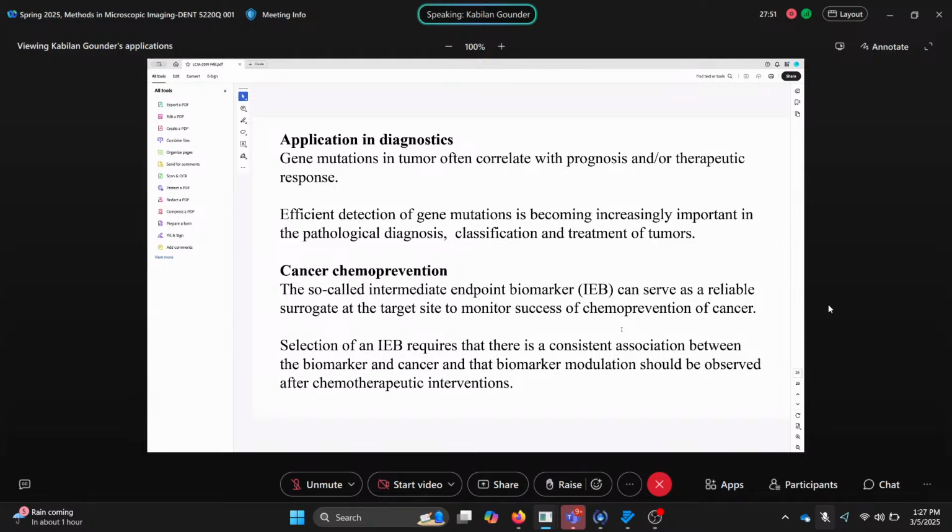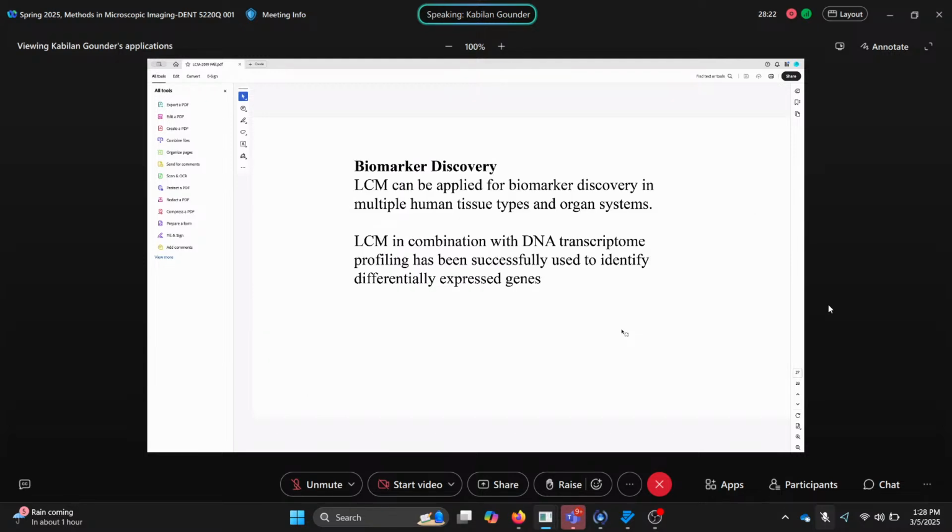So when you have a new drug, how does it target the cells? Once it has targeted them, how the chemotherapy chemicals and the cancer cells interact, and how it prevents the cancer, you can understand further when you isolate these cells. Also, biomarker discovery is very important to predict in advance what you can expect.